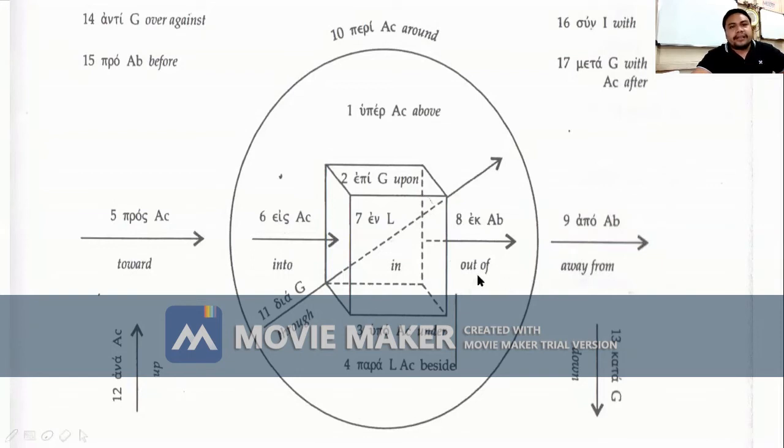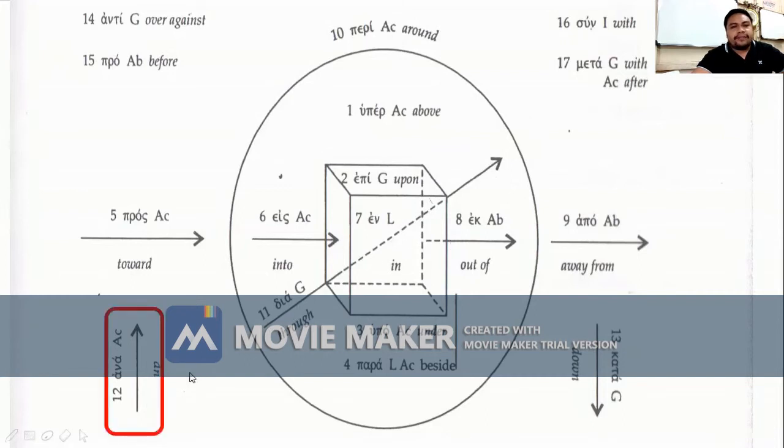Number 10 is peri, around. So around that object of emphasis. And then we have the word dia, through. So across the object. That is dia. That's why we have the word diameter.